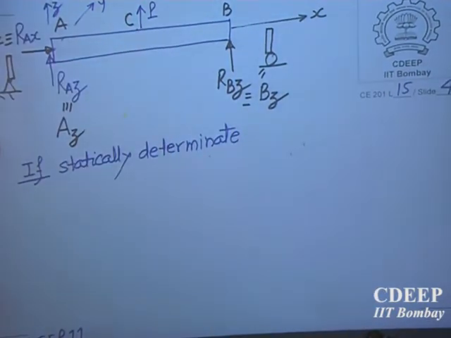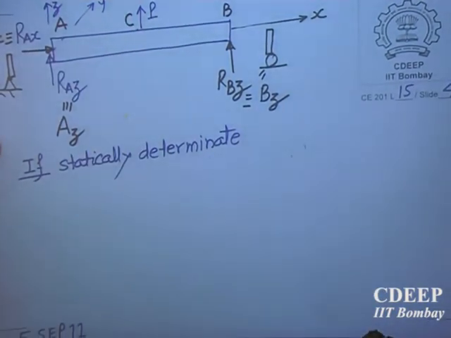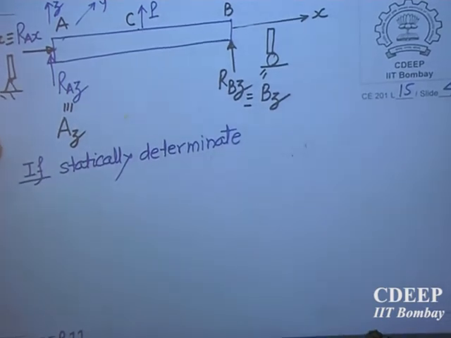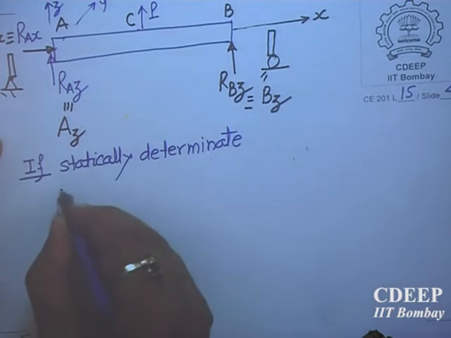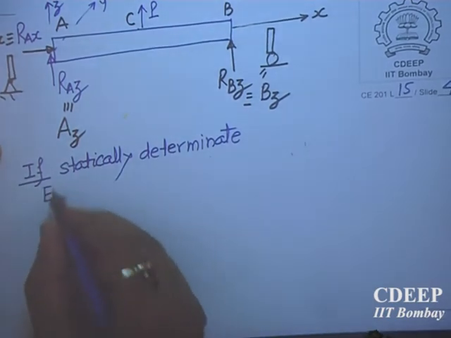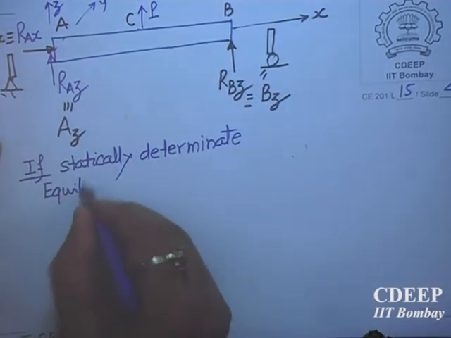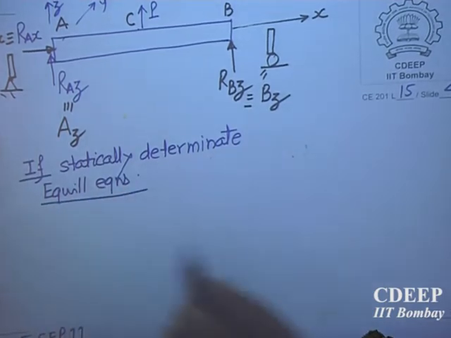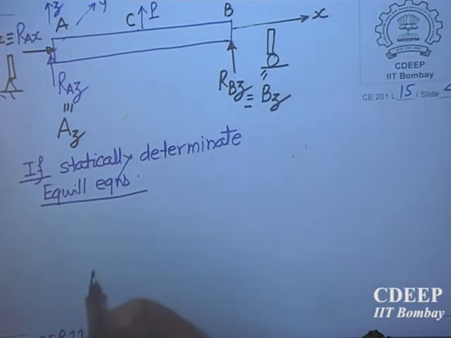So how many equations of equilibrium have you got for this rigid body mechanics? Three. What are the equations of equilibrium? Plane problem, XZ plane, so everything is lying in the XZ plane.